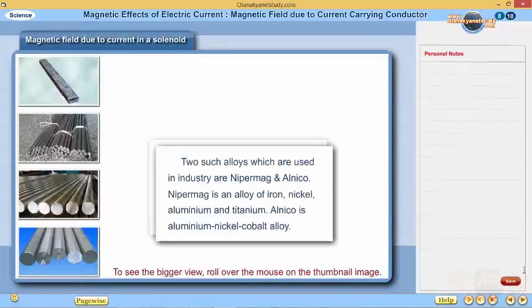Two such alloys which are used in industry are Nipermag and Alnico.